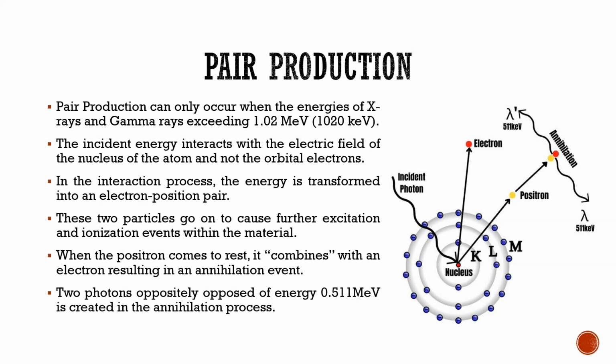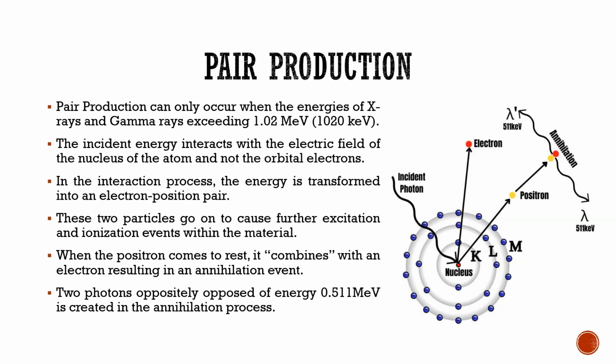The other thing is that unlike the previous interactions such as Compton and photoelectric, where those interactions interact with the orbital electron, in pair production, the incident photon interacts directly with the nucleus of the atom, and not the orbital electrons. So in this process, the energy is given up completely in the interaction with the nucleus, and is transformed into what we call an electron-positron pair.